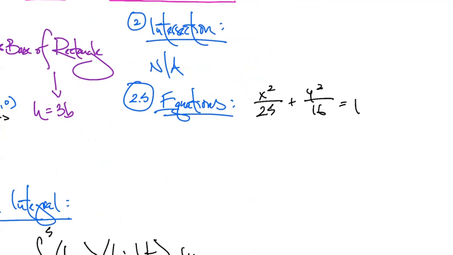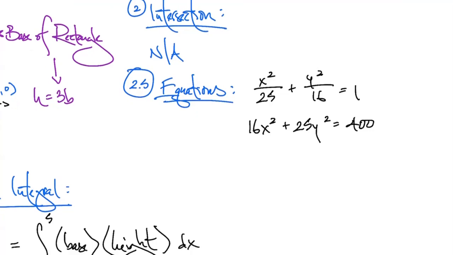And one of those ways is exactly what Matt said. We can multiply by that lowest common denominator. And so in fact, I'm going to multiply through by 400. That's going to give me 16x squared plus 25y squared equals 400. All right, so presto bingo, I multiplied through everything on both sides, so I didn't change anything. And now I don't have any more fractions.